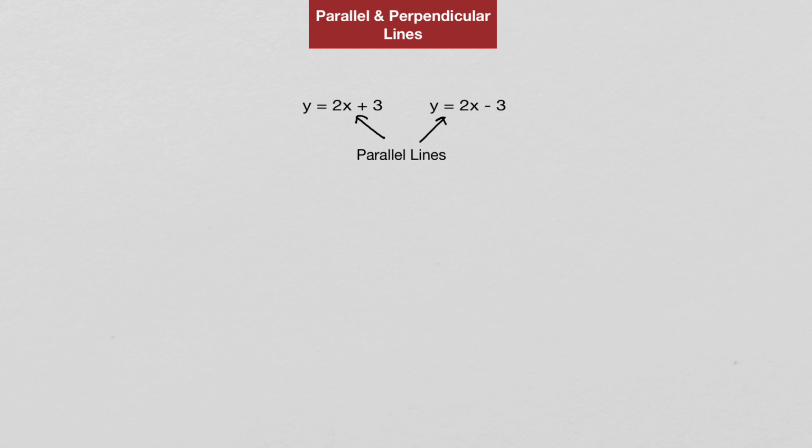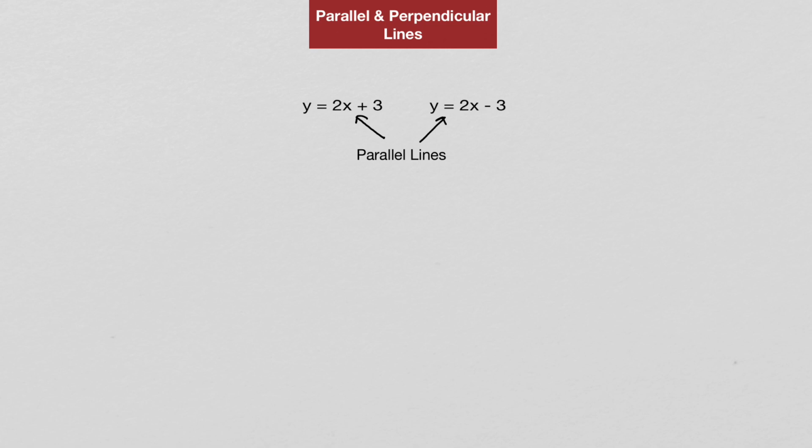Now, with perpendicular lines, it's a little different, but we're still looking at the slope. It's a comparison of the slope. With perpendicular lines, the slopes are negative reciprocals. What do I mean by that? Let's use an example.